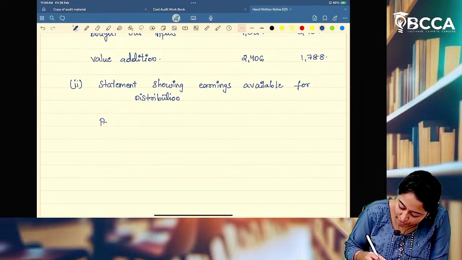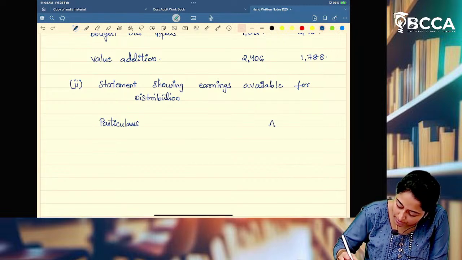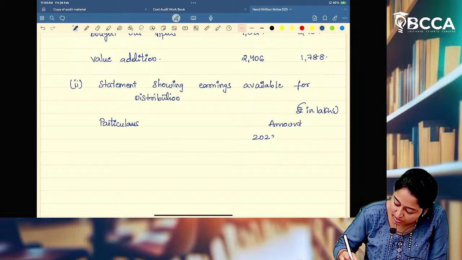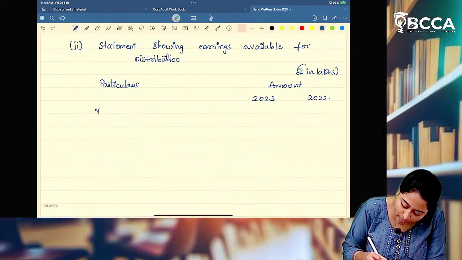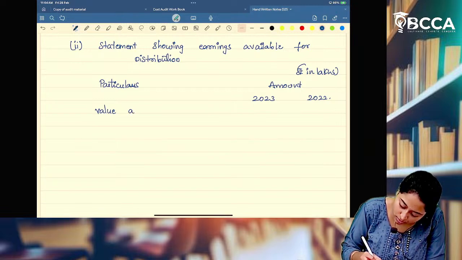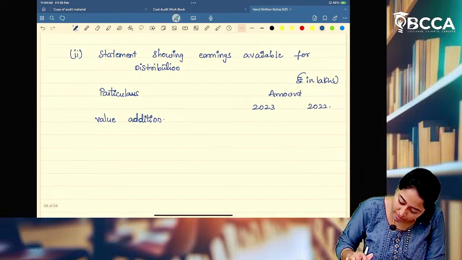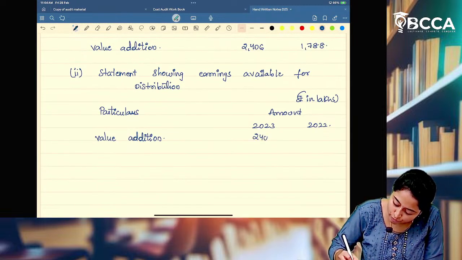Then again you have to write particulars, amount, rupees in lakhs, 2023, 2022. Then first you'll write value addition. Value addition is 2,406 and 1,788.